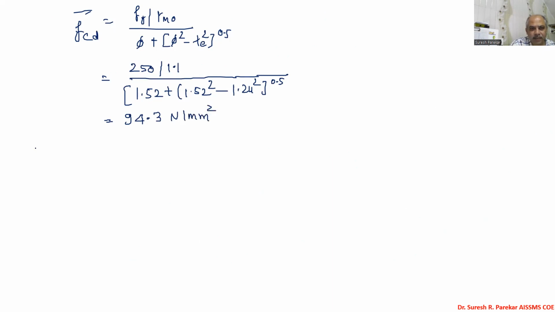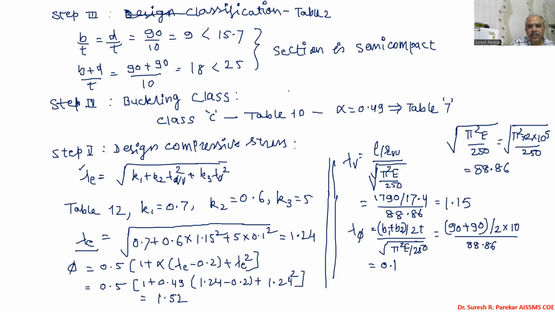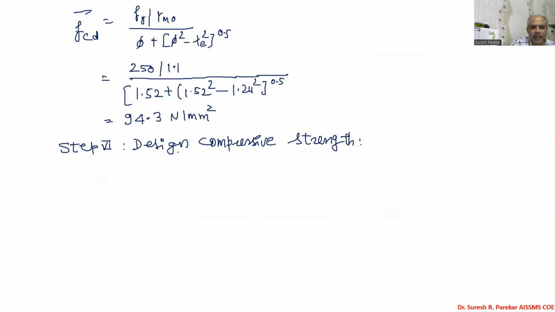And we have the last step, that is step number 6, design compressive strength. As the section is semi-compact, we have to write here that the section is semi-compact, therefore A_e equal to 1700 mm square. Therefore we have P_d equal to A_e into FCD.